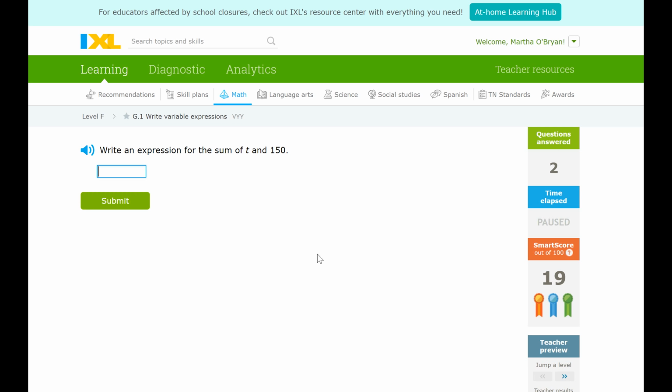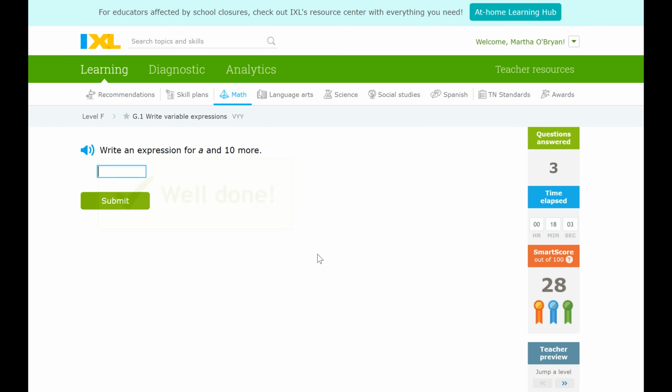It says write an expression for the sum of t and 150. So I'm going to do t plus 150. And remember, I could do 150 plus t because addition is commutative. Write an expression for a and 10 more. So this is going to be an addition problem. A plus 10, because I have a and then I have 10 more than a.